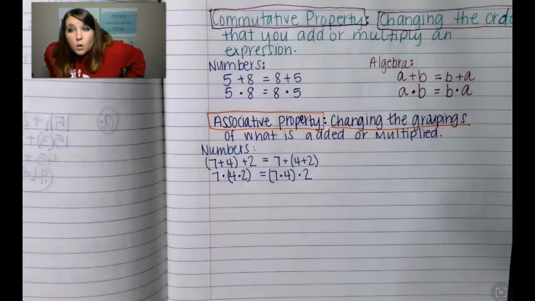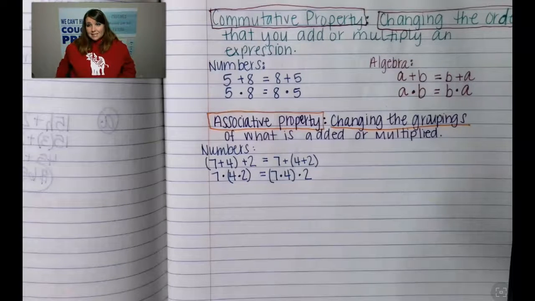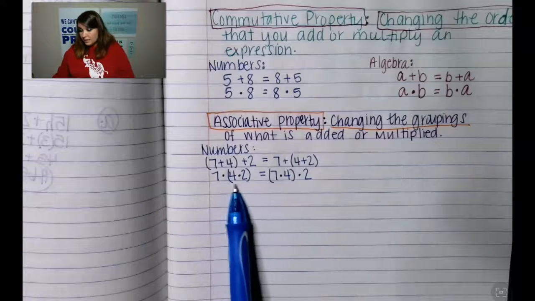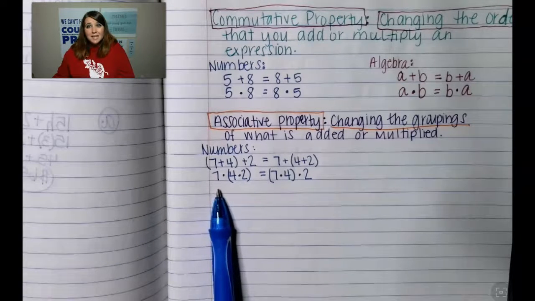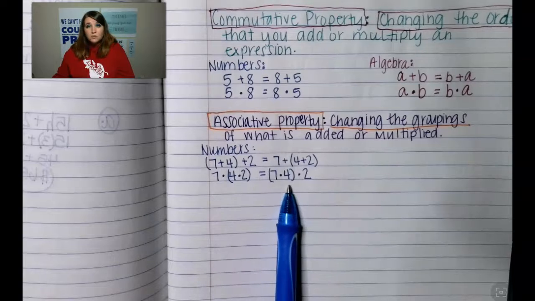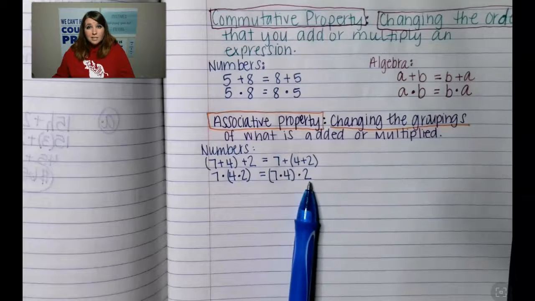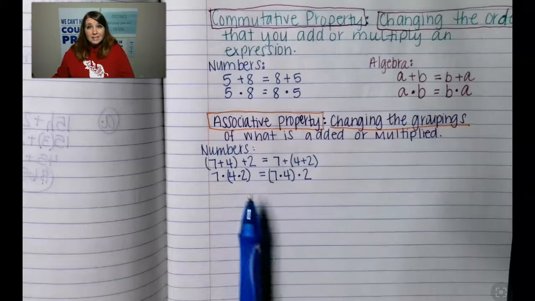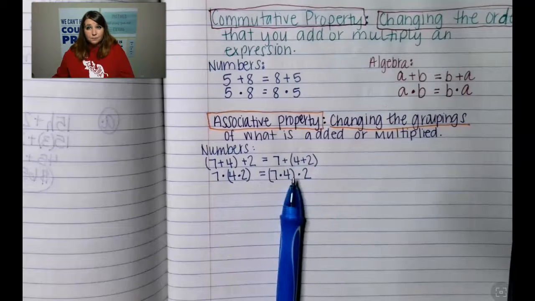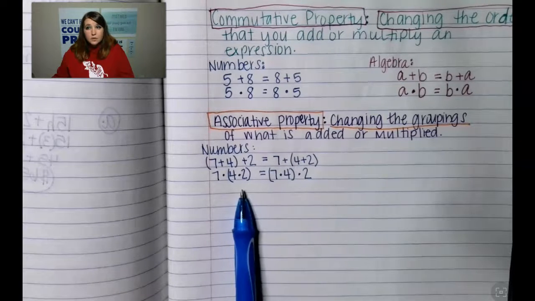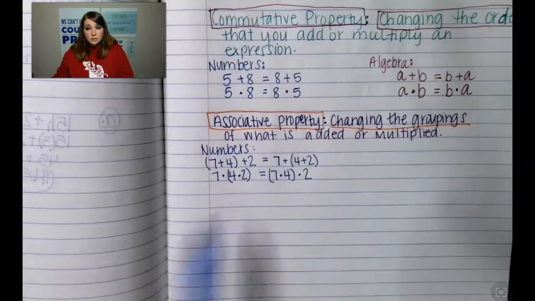So when I solve the parentheses first, 8 times 7, that's the same as if I do 7 times 4 times 2. Both sides equal the exact same thing. They're equivalent expressions.